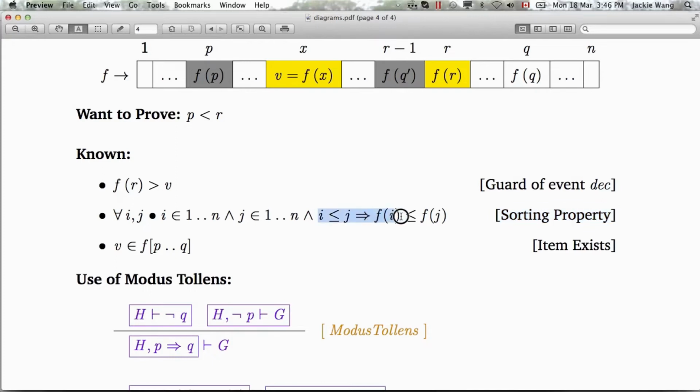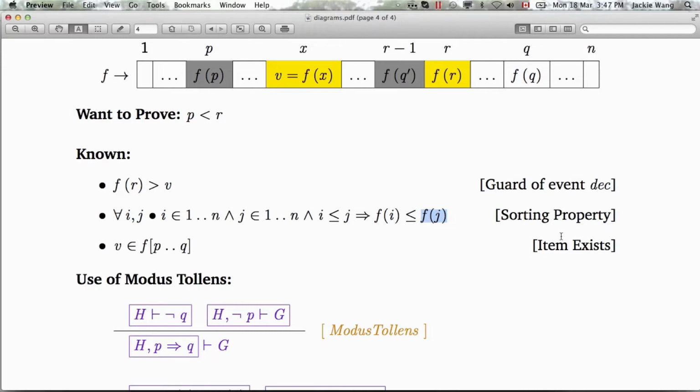Basically, the sorting property says that if an index I is smaller than or equal to the other index j, then it must be the case that the element at index I in the array F is smaller than or equal to the element at index j in the same array F. So that's a sorting property.